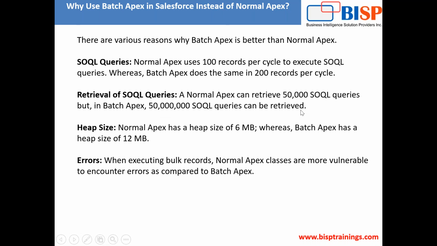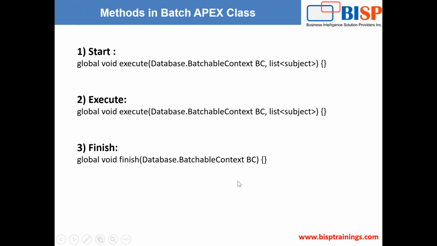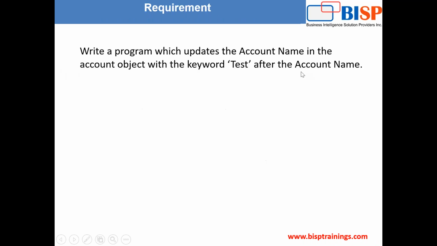It is very big data, and heap size is also better in batch Apex. In terms of errors, when executing bulk records, normal Apex classes are more vulnerable to errors compared to batch Apex. We already discussed the start, execute, and finish methods, and these are the syntaxes in a batch Apex class.